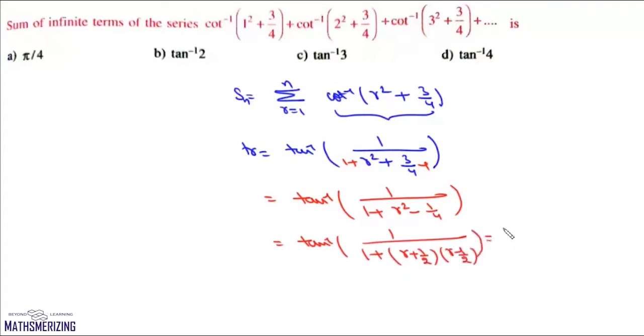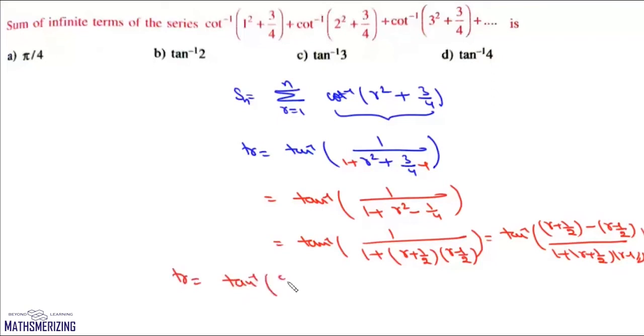So we can express this as tan inverse ((r plus 1 by 2) minus (r minus 1 by 2)) upon (1 plus (r plus 1 by 2) into (r minus 1 by 2)). So its general term will be tan inverse (r plus 1 by 2) minus tan inverse (r minus 1 by 2).